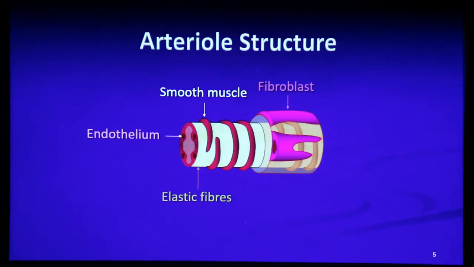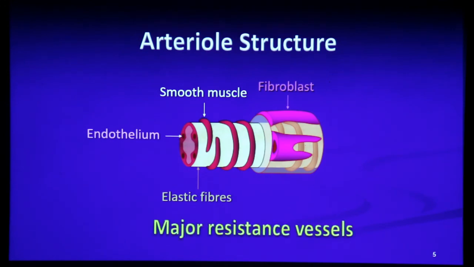There are elastic fibers and there is endothelium. Now what do these arterioles do? These arterioles provide major resistance to the blood flow. So these are the resistance vessels, and that is how we calculate our systemic vascular resistance. These are the ones which are giving us that resistance.